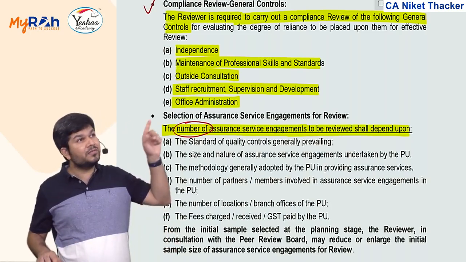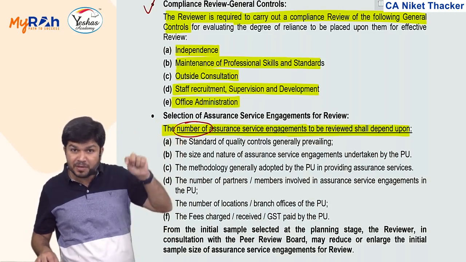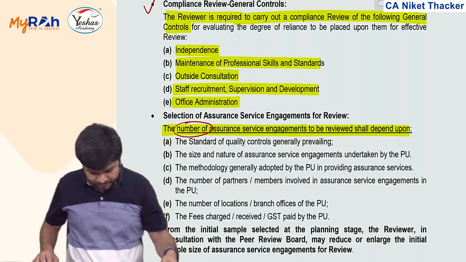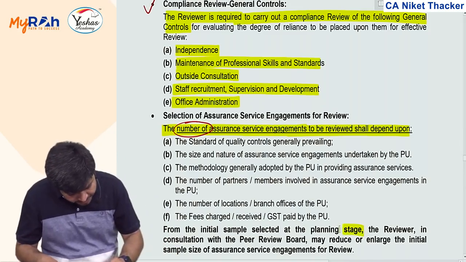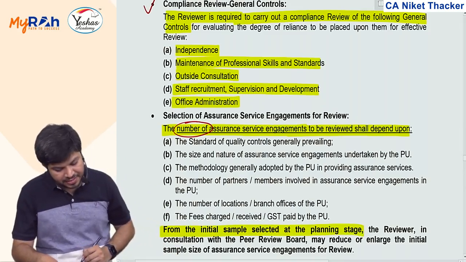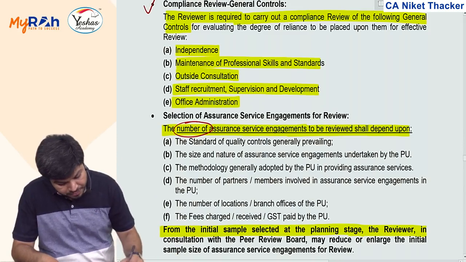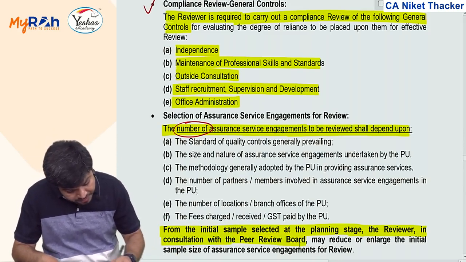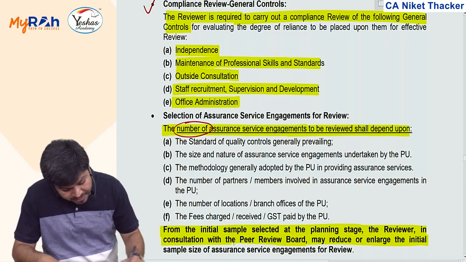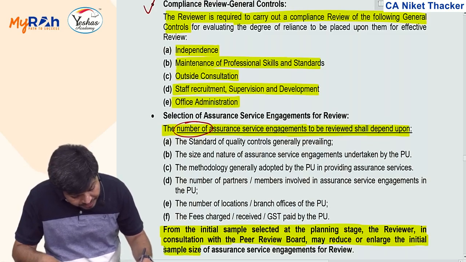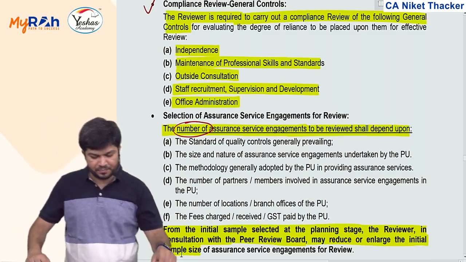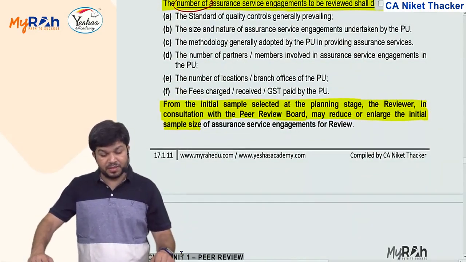I can consult with the peer review board, and with their permission, I can make it 5. So from the initial sample selected at planning stage, the reviewer in consultation with the peer review board may reduce or enlarge the initial sample size. But I have to consult the peer review board.